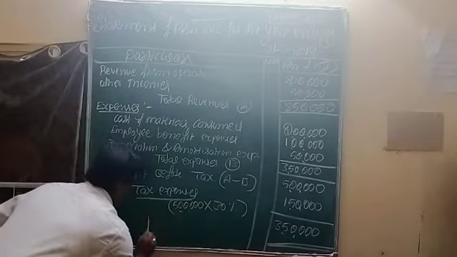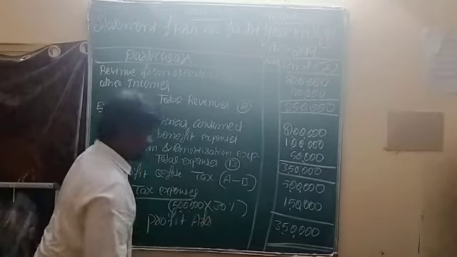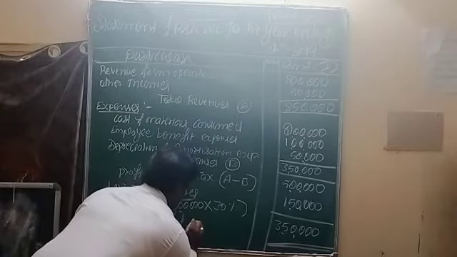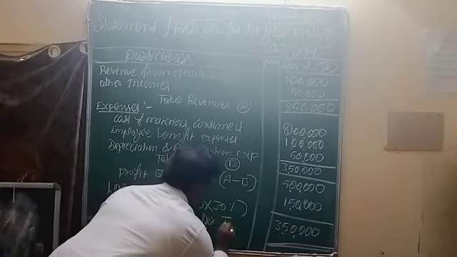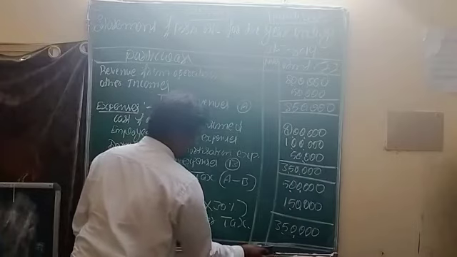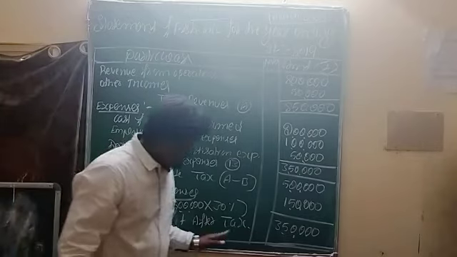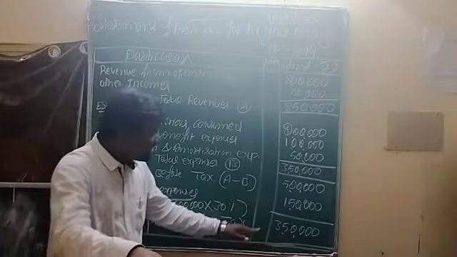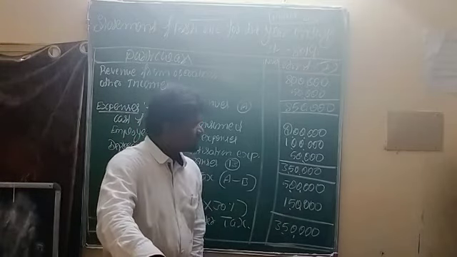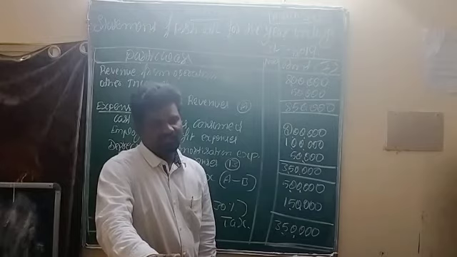This profit after tax of 3,50,000 rupees we can also call profit for the year. So this is the solution for the 2020 March annual examination question.